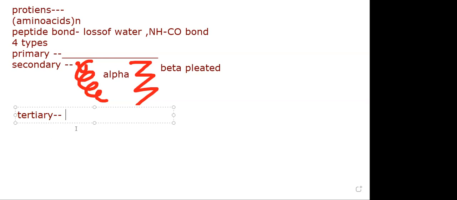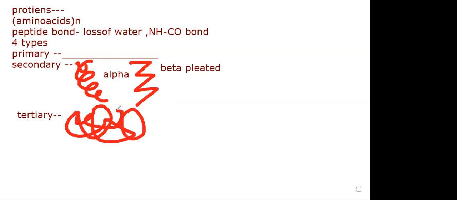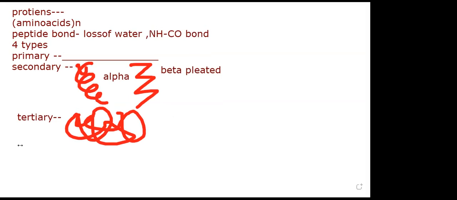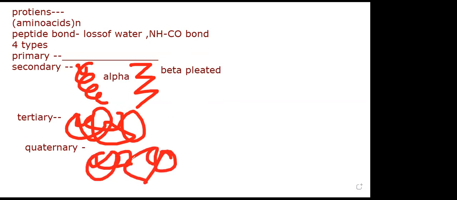Tertiary structure includes a three-dimensional, highly coiled structure. The last one, quaternary, is formed by the combination of two subunits connected with the help of disulfide bonds. That's called the quaternary structure.